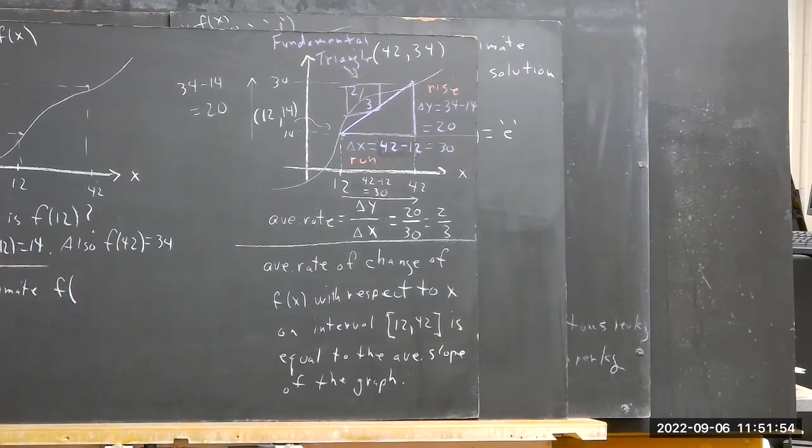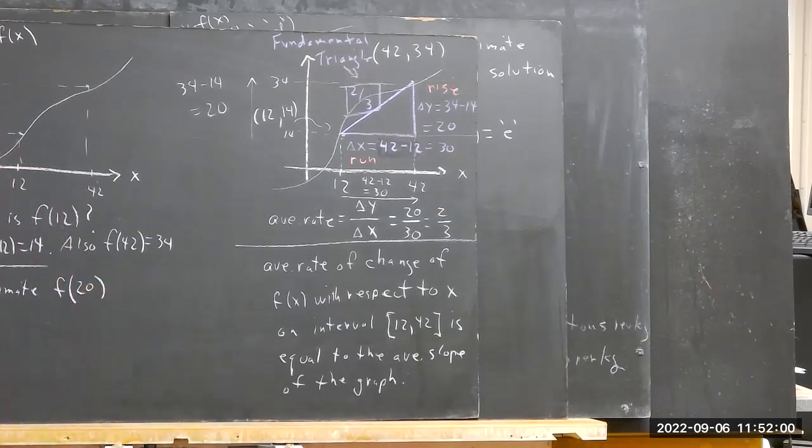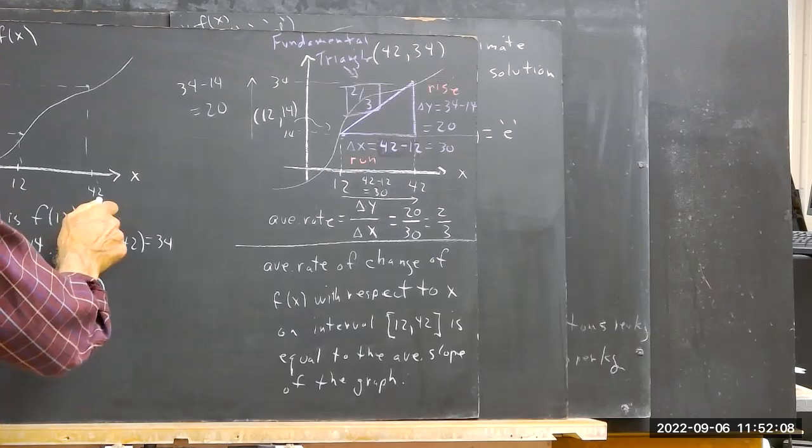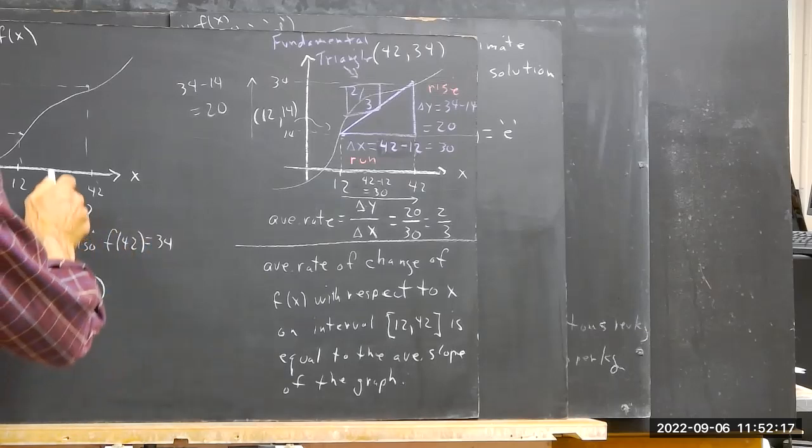So now let's say I want you to estimate f of 20. How are we going to do that? Well, halfway between 12 and 42 would be 54 divided by 2, which is 27, right? That's just one way I can do that.